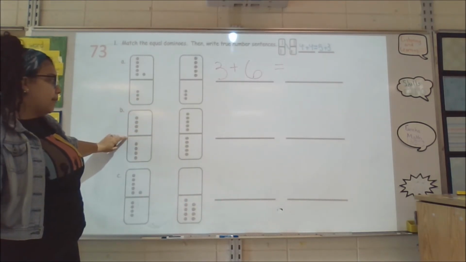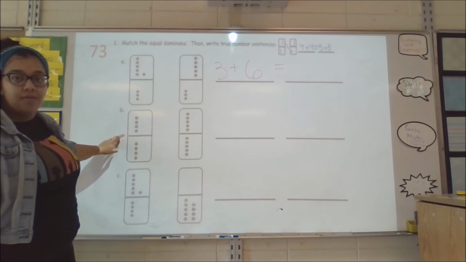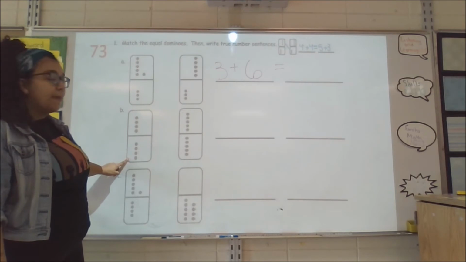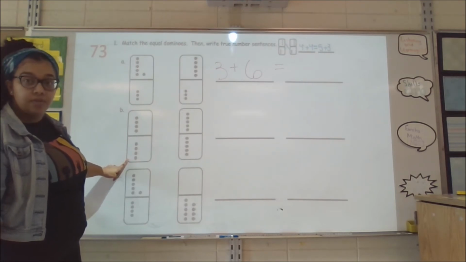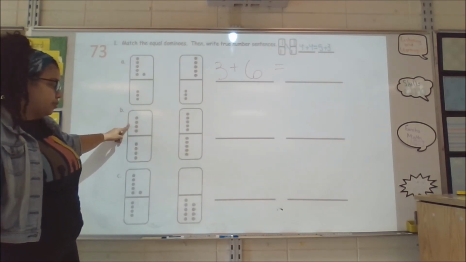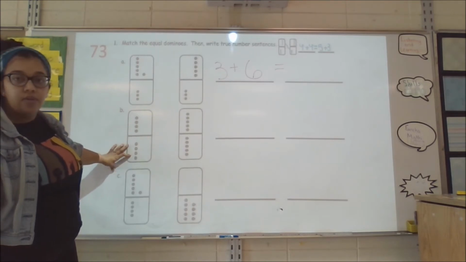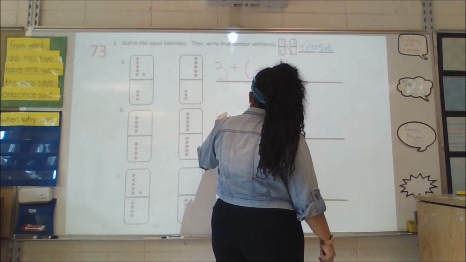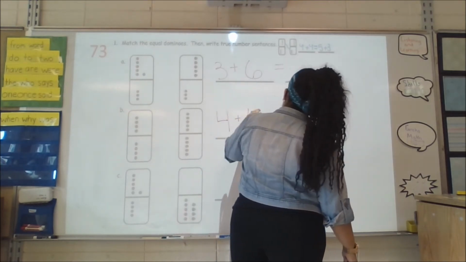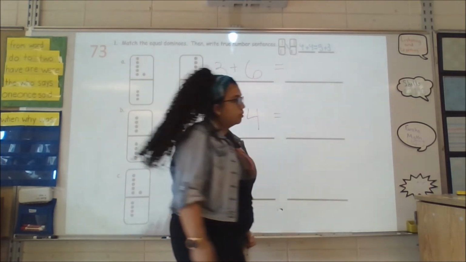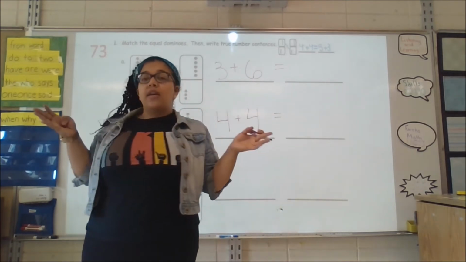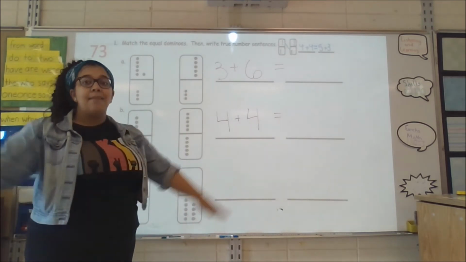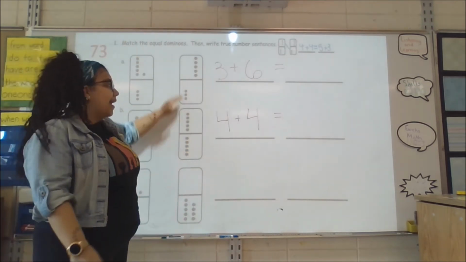Let's look at this domino. What are the two parts depicted on this domino? Good job. Yes, you noticed it's double. There's the same part twice, which means they're doubles. And what is that value? 4. Great job. So 4 plus 4 is equal to something. We don't know yet. Well, we know 4 and 4 is 8, but which other way to make 8 am I pairing it with?